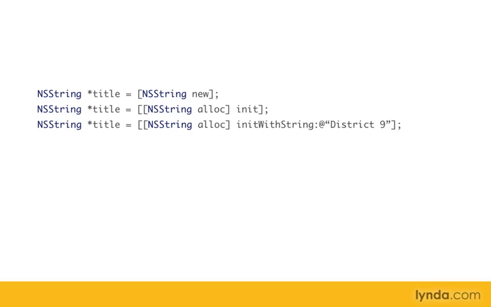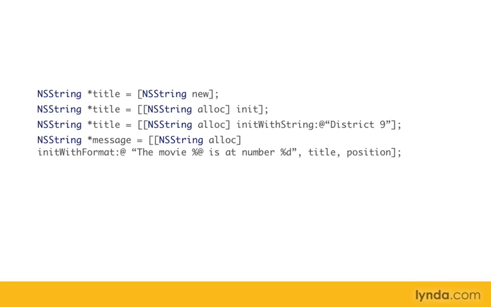And you have another example where you can have an alloc, and then I've put this on the next line here, and I've got a more specialized initialization called init with format, that can take a format specifier, and I can start to put in lots of placeholders for a different kind of string, creating a message. So having more specialized versions of init is very, very useful, and you'll see this a lot.